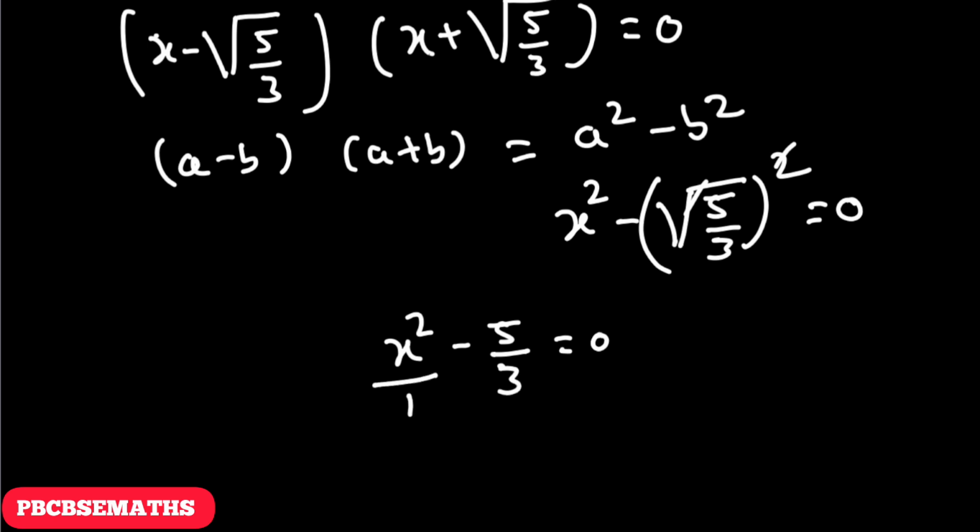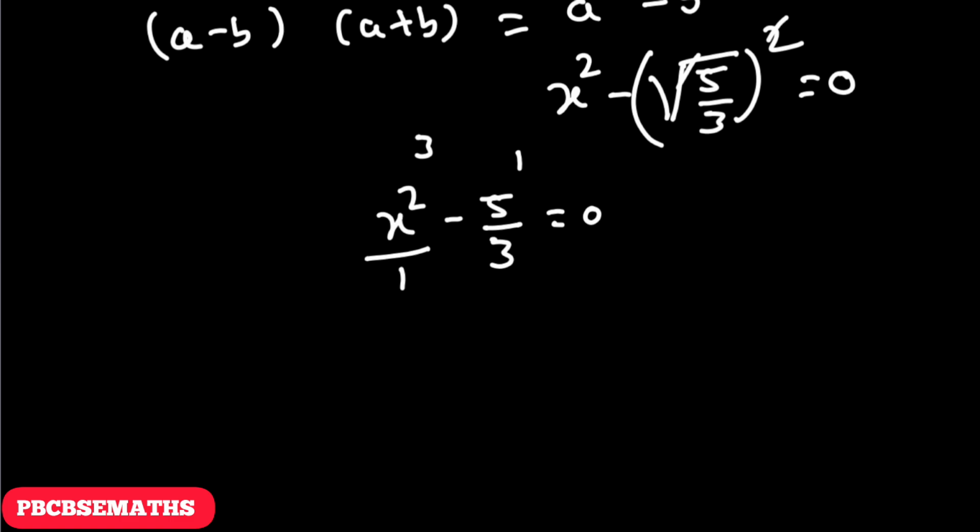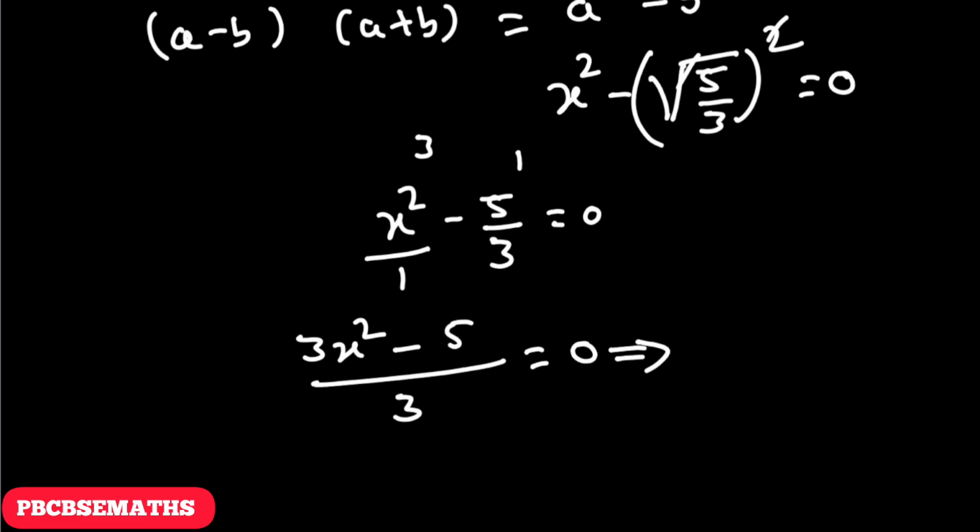Let's simplify this. LCM is 3. 3 into x square, we get 3x square, minus 5 ones are 5, divided by 3 equals to 0. By doing cross multiplication, we can write 3x square minus 5 equals 0 into 3.